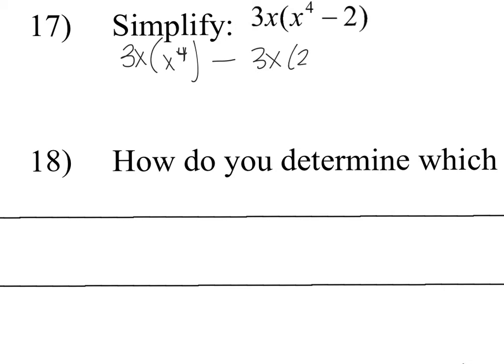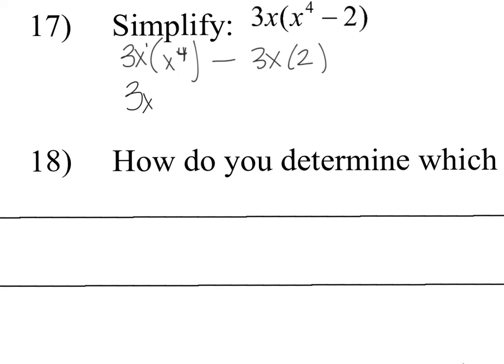3x times 2. Well, don't get frazzled here. 3x times x to the 4th, we have the same base, which is your x. Go ahead and write out your 3x.